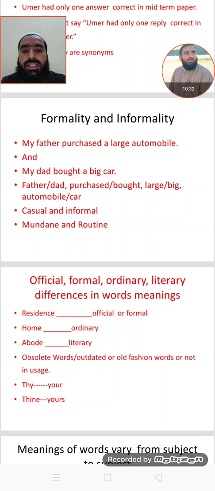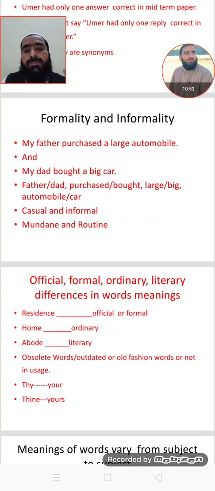Father is the synonym of dad, purchased is the synonym of bought, large is the synonym of big, automobile is the synonym of car. Four words in these two sentences are synonyms, but there are differences in the meanings of these four words.